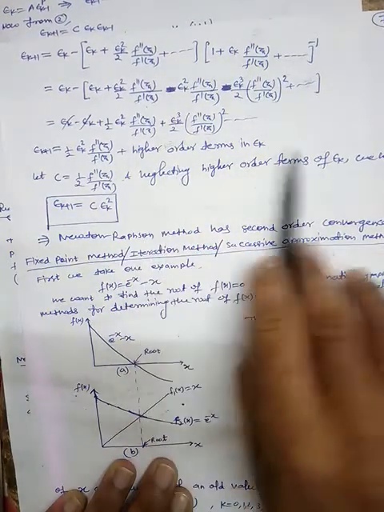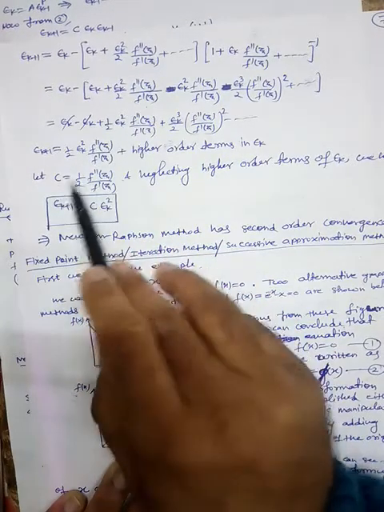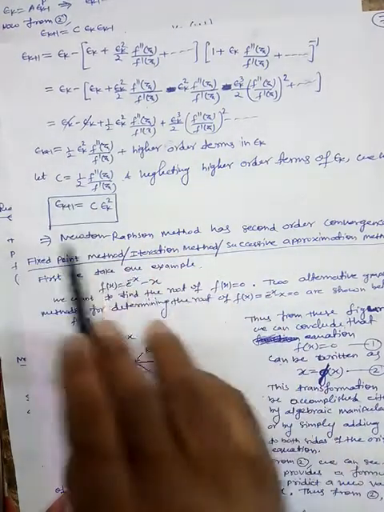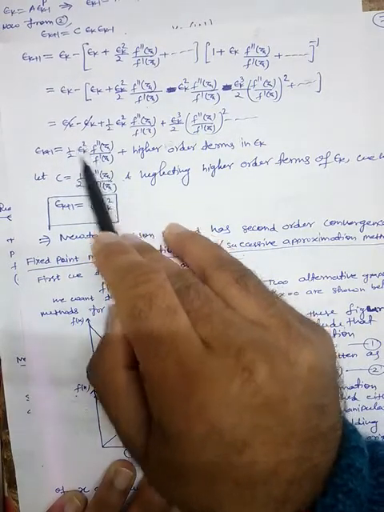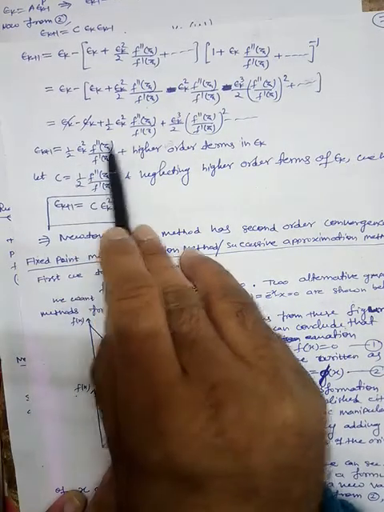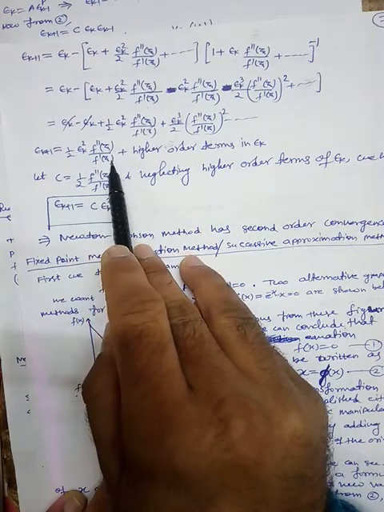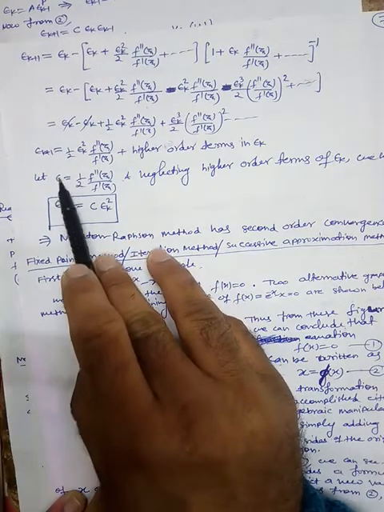So if you are neglecting the higher order terms and representing the derivatives involved with the help of c, so the equation will be this. Here important thing is that here we have epsilon k whole square. So ultimately we are writing this f second derivative of xi divided by first derivative of xi and into 1 by 2 as constant c, asymptotic constant.